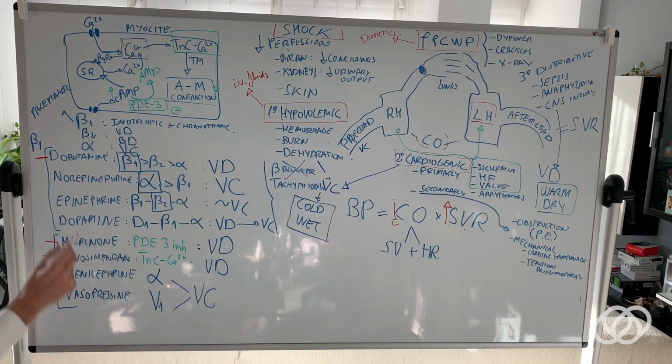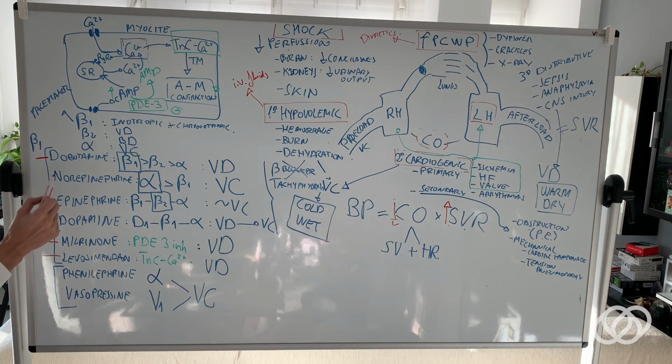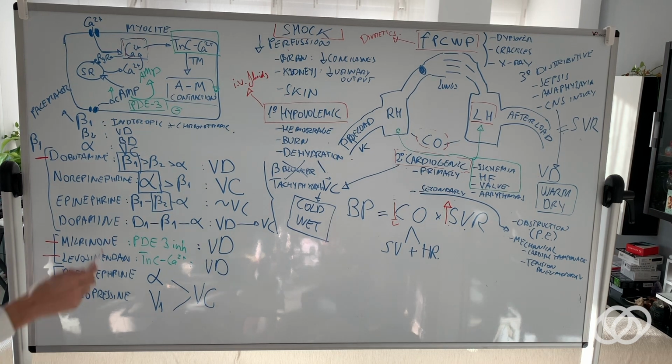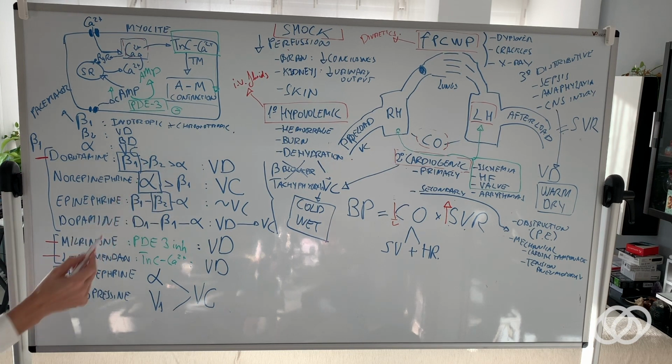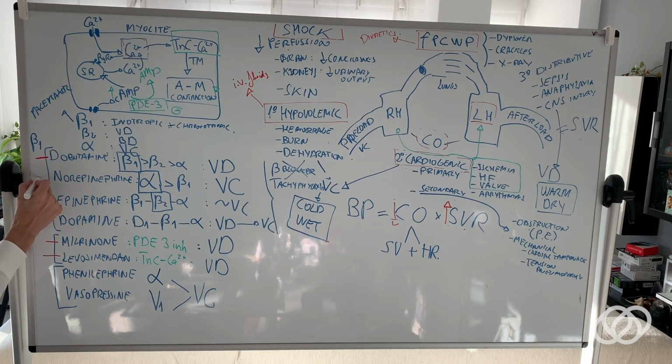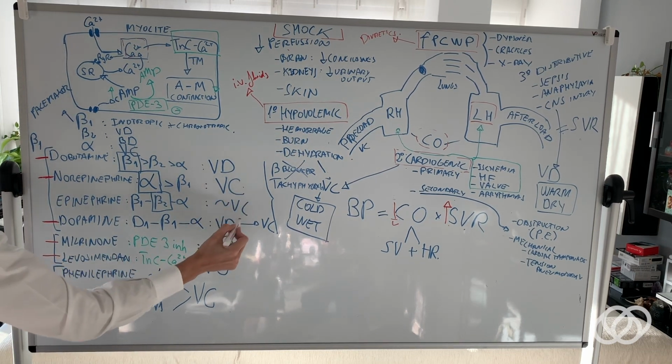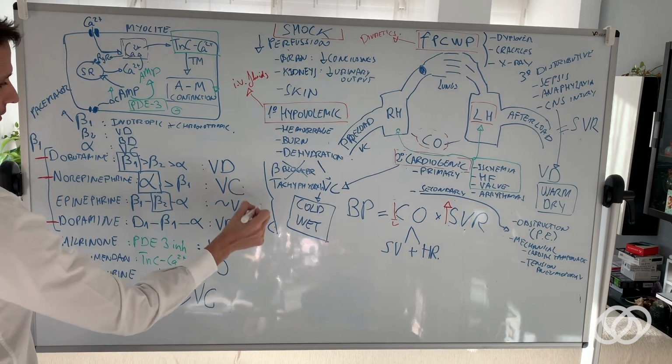Okay, but the two that we use more often are dobutamine and levosimendan. But if the patient has low blood pressure, we have to be very careful because any of those produce vasodilation, and in this setting, if the pressure is too low, probably we are going to give either norepinephrine or dopamine at high doses because they have a vasoconstricting effect.